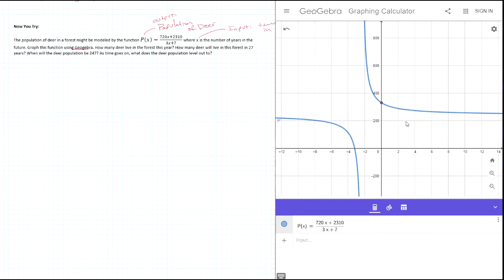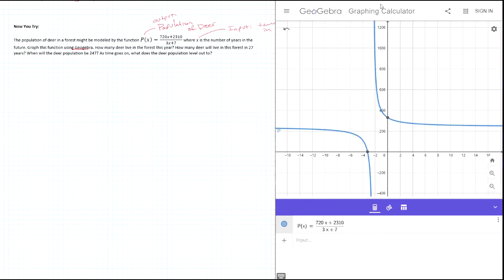But generally, if we look at this function, it's got this weird behavior where it's going down, down, down here, but then if I come from the other direction, it's going up, up, up. And if I type in x equals negative 7 divided by 3, we'll actually see exactly where that's happening. That negative 7 over 3, that's the domain restriction for this function. We'll talk about that more in coming videos.